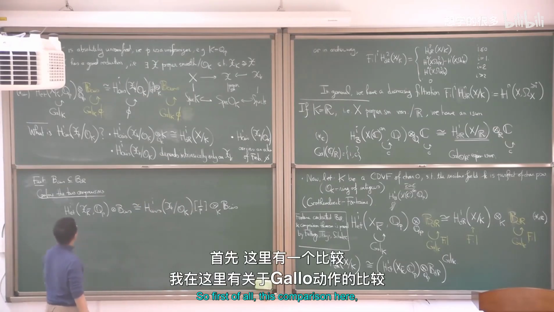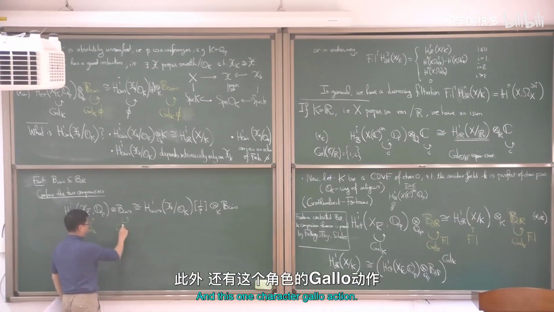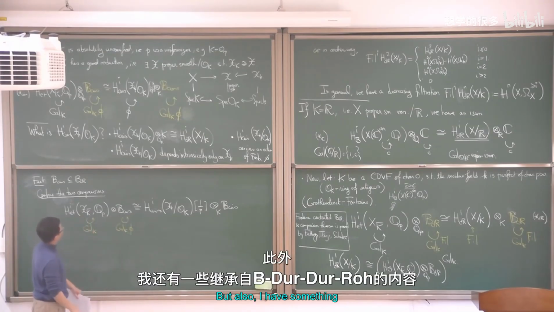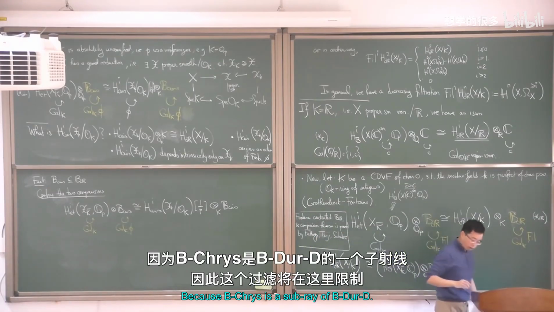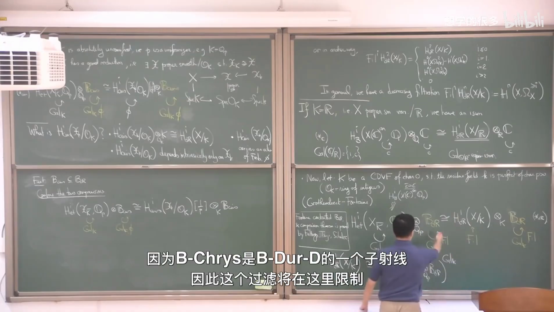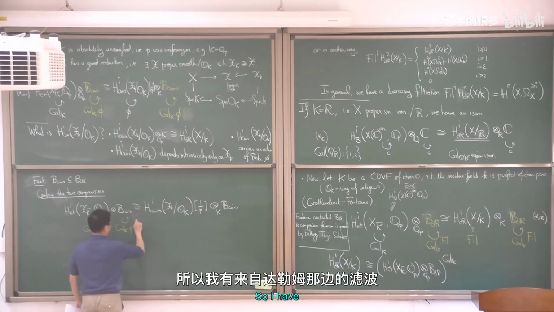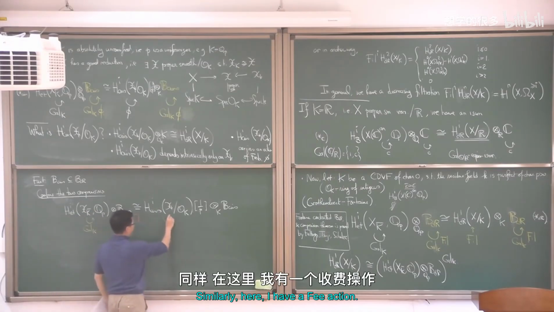So first of all, in this comparison here, I have Galois action here. And this one carries a Galois action and a phi action on this B cris. But also, I have something inherited from B dR, because B cris is a subring of B dR, so this filtration will restrict to a filtration over here. So I have a filtration from the de Rham side. Similarly here, I have a phi action.